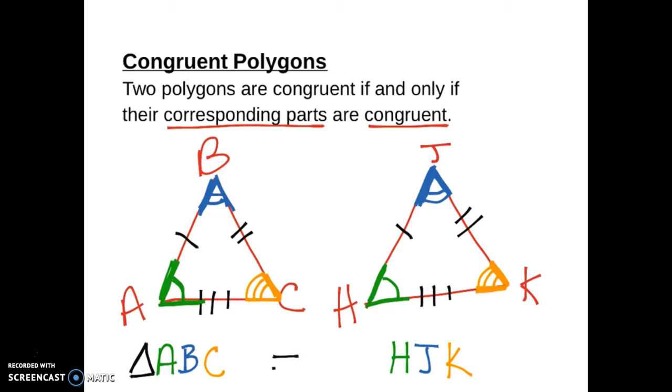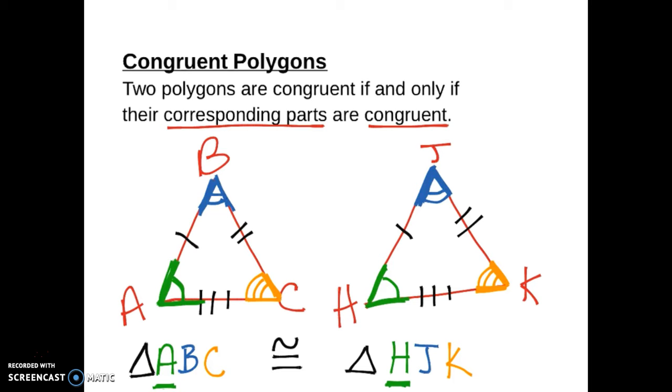Okay, and then I would say, okay, triangle ABC is congruent to, and it's really important though when I go to name my second triangle that I match up each of the corresponding parts. So I've color-coded it here so you can see angle A we did in green over here, right? And angle H we did in green over here. So if angle A is first over here, its corresponding angle, angle H, has to be first in the second triangle's name.